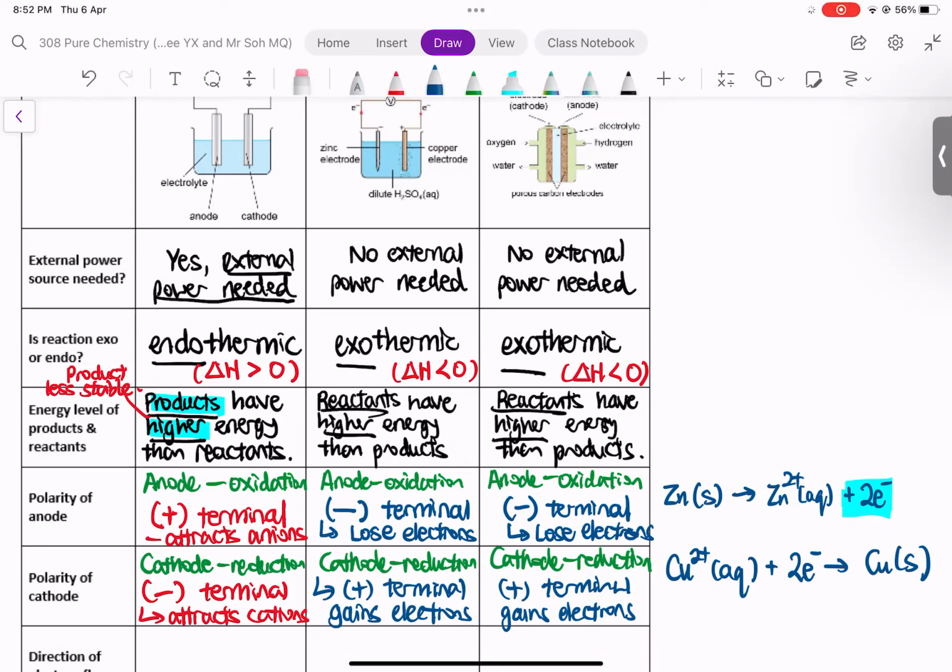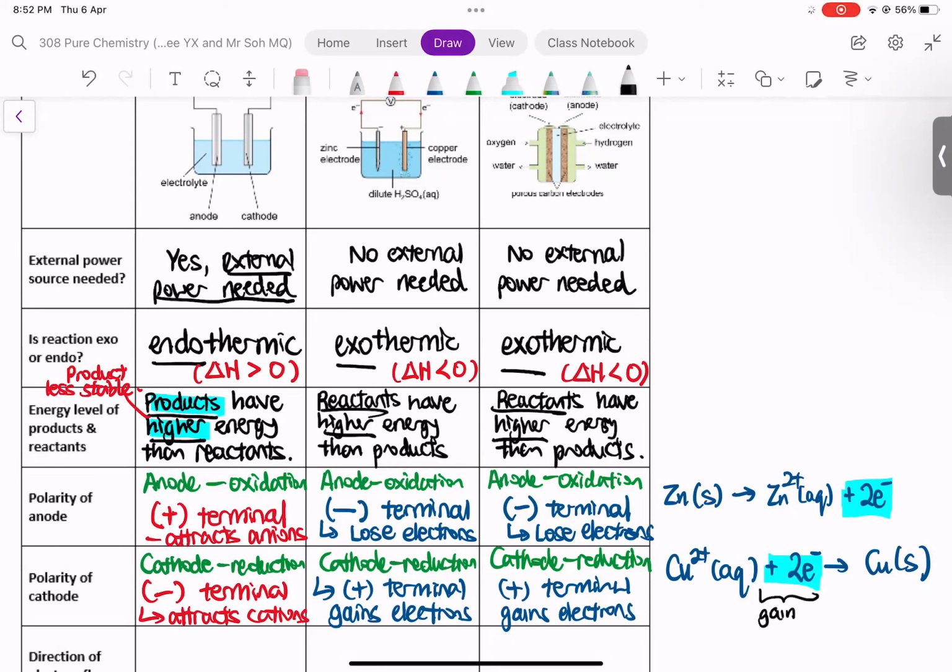As you can see in this half equation, copper, Cu2+, is actually gaining electrons. By gaining electrons, you are actually using up electrons.